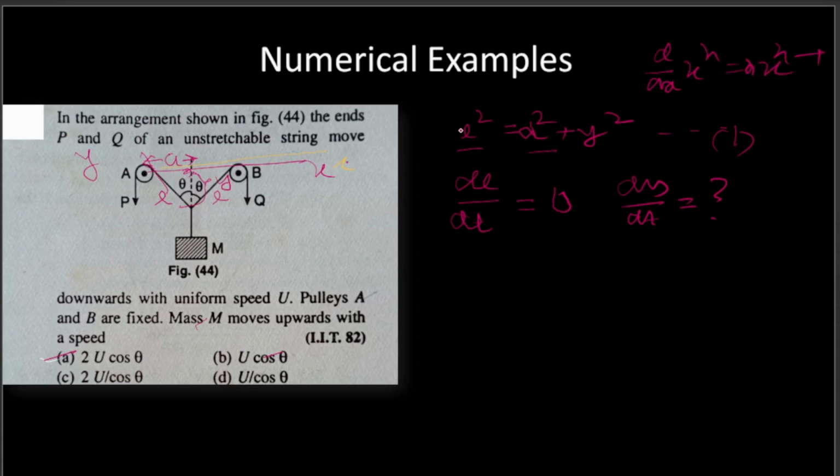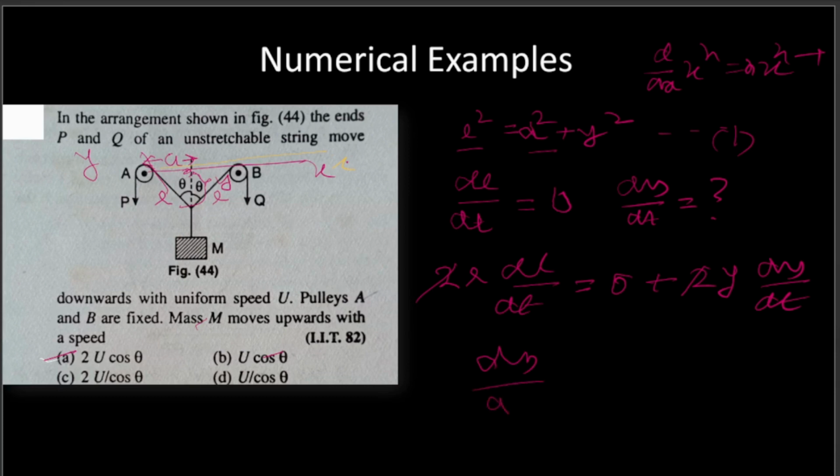So here, for L squared, we get 2L times dL by dt, and that is equal to, since a is constant, there is no change of a constant with respect to time, so this will be 0, plus 2y dy by dt. So simply the 2 will cancel out, and we need to find dy by dt. So what is dy by dt? dy by dt is L by y times dL by dt.